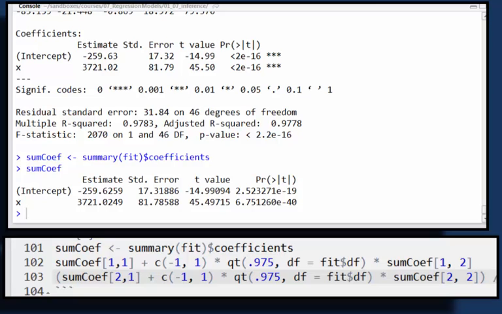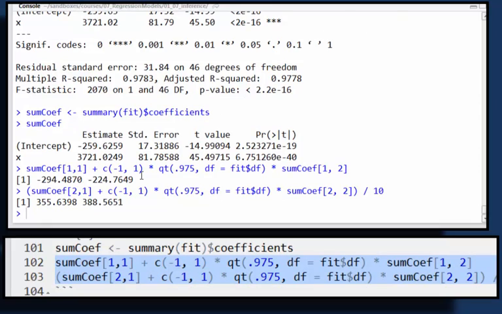So why don't I divide my whole interval by 10? So let's run both of them and particularly focus in on this latter one, the confidence interval for the slope. So it's saying with 95% confidence, we estimate that a 0.1 carat increase in diamond size is going to result in a 356 to 389 increase in price in Singapore dollars.